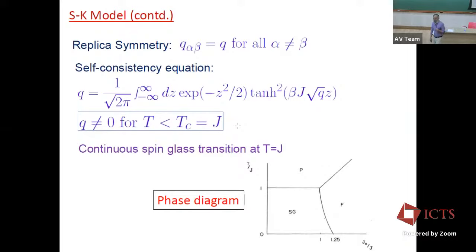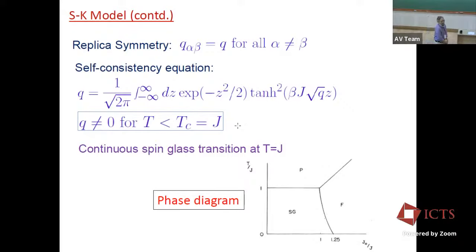So if one gets a solution under this assumption, and that solution has physical properties, and if one can show, second thing, that it is actually a minimum, in the sense that in the expanded space where you allow all the Q alpha beta to vary with alpha and beta, this replica symmetric answer gives you a minimum at least.